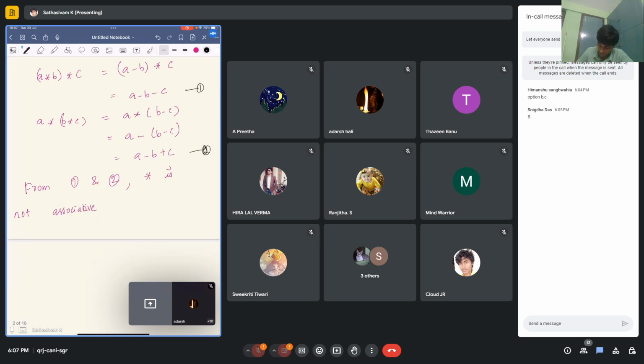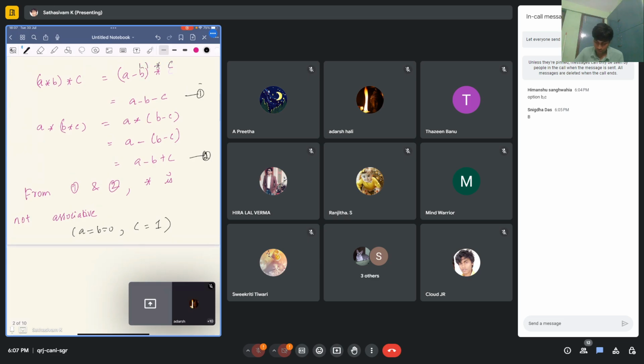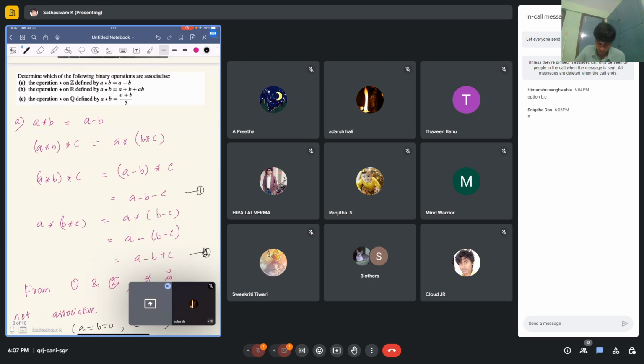For example, if you want an explicit example, you can take A equal to B equal to 0, and take C as 1. So this is not associative. Let's move on to the second one.